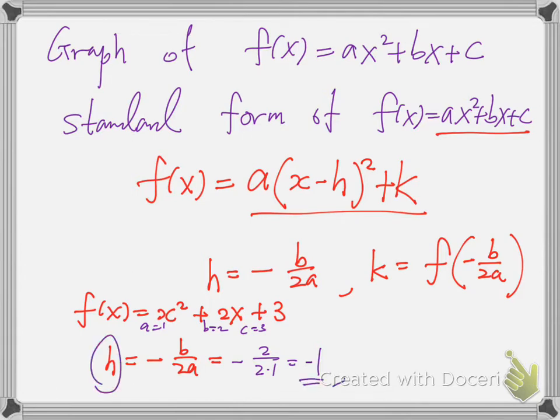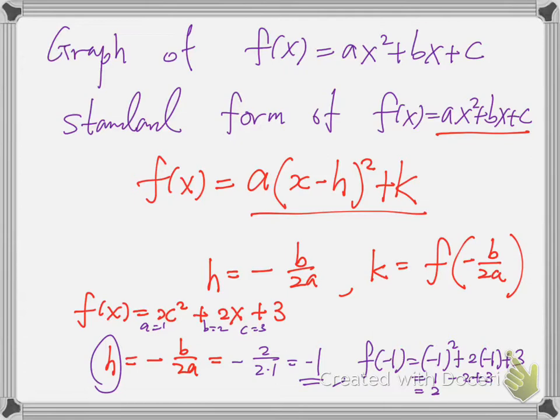So what is k? k is f of negative 1. So this is negative 1 squared plus 2 times negative 1 plus 3, which is 1 minus 2 plus 3. So f of negative 1 is 2.